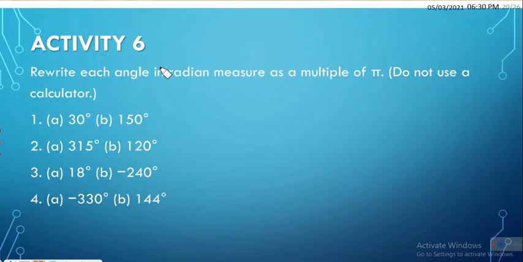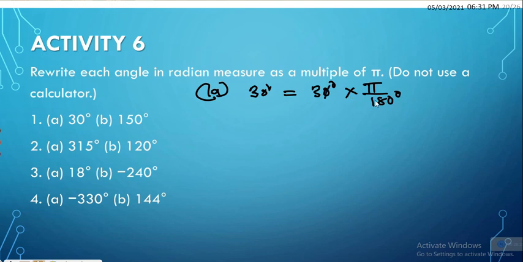All right. Activity 6. We write each of the following in radian measure as a multiple of pi. Let's take 1a, we have 30 degree. To convert to radian, you multiply by pi over 180. So 0 cancels 0, and 3 into 18 is 6, which is pi over 6 radian.